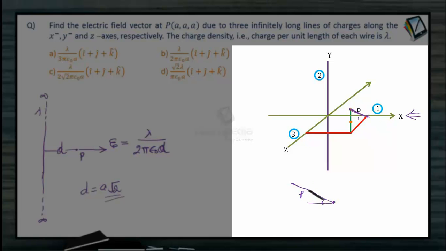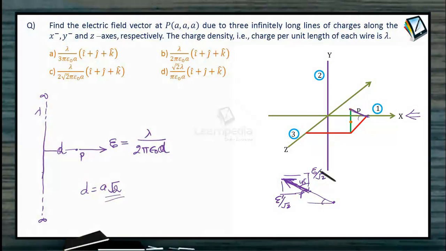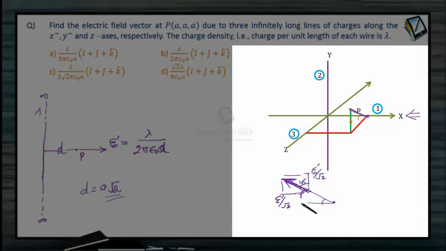So the electric field, since it is along the perpendicular and away if we consider the charge to be positive, has two components. This angle is 45 degrees, so both the components are E by root 2. Let it be E dash due to a single wire, then E dash by root 2 and E dash by root 2.